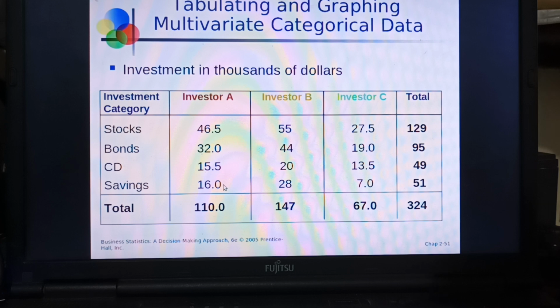For investor A, the total is 110. Investor B, total is 147, and the total for investor C is 67, for a grand total of 324.